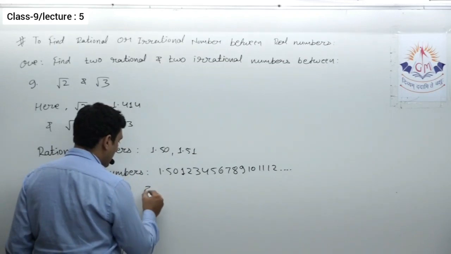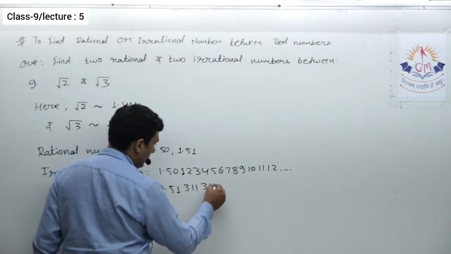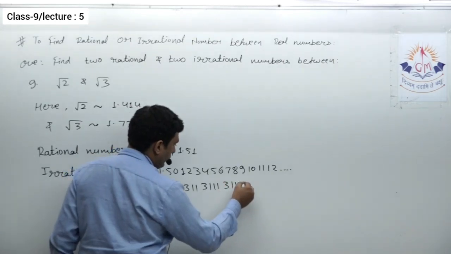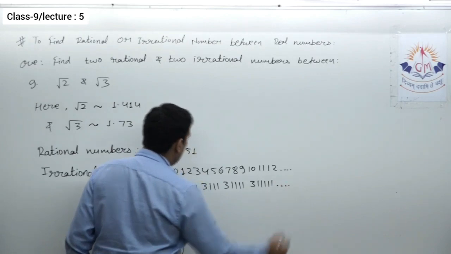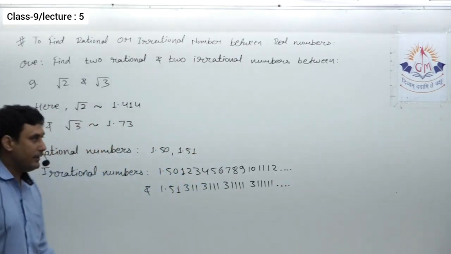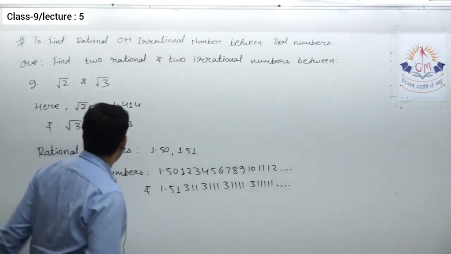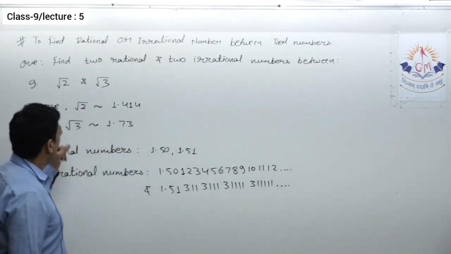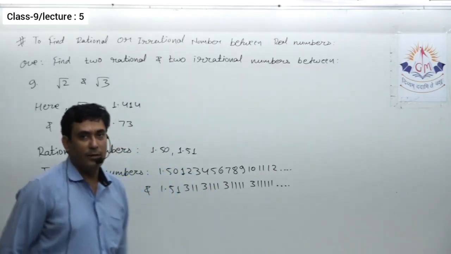Okay, and 1.51 311 3 3 4 times 1 3 5 times 1 and so on. Okay, so rational numbers and irrational numbers between these two, as we did in our previous questions. Now note it down, then I will give you one more method to find rational and irrational numbers between the given set of numbers.